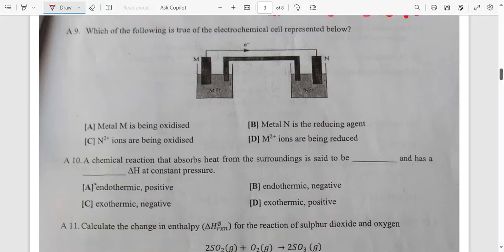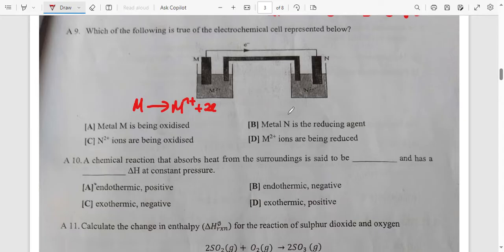So question number 9, which of the following is true of the electrochemical cell represented below? Look at what is happening. Electrons are moving from M, they are going the other side, entering into this region. So what will happen is that the reaction this side, this M is losing electrons to become M2 plus, which you can see in solution there.